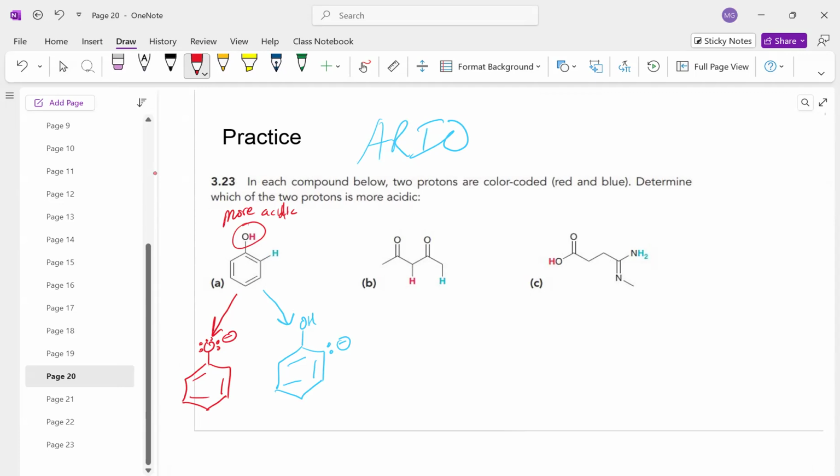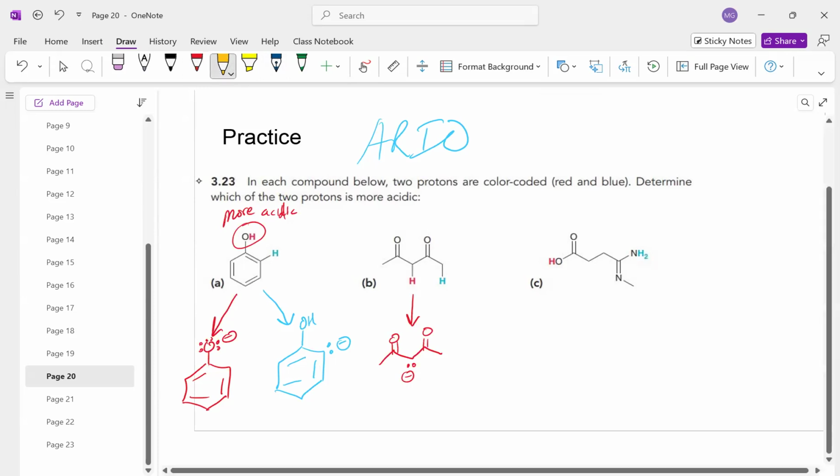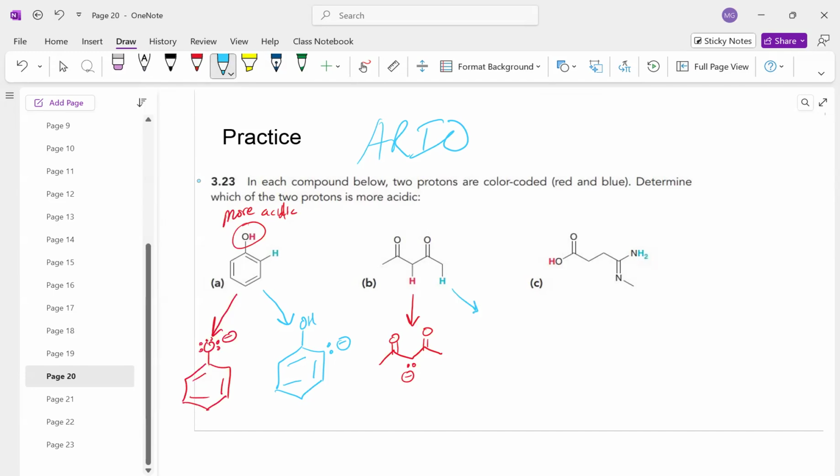Now let's look at B. If I were to deprotonate the red hydrogen, I would get this as the anion. If I were to deprotonate the blue, I would get this as the anion.